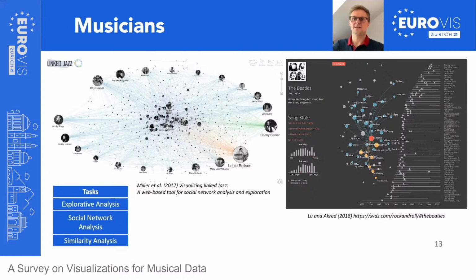The last two kinds of data deal with the producing elements of music. The group of musicians consists of all people associated to music, often interprets, but also composers, instrument makers, teachers, or publishers.